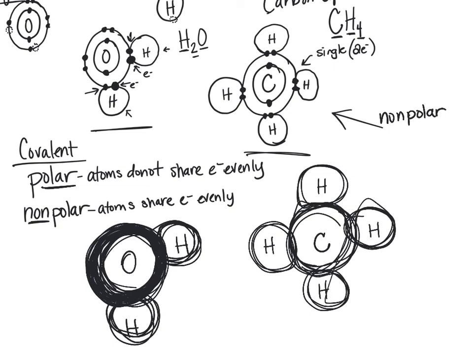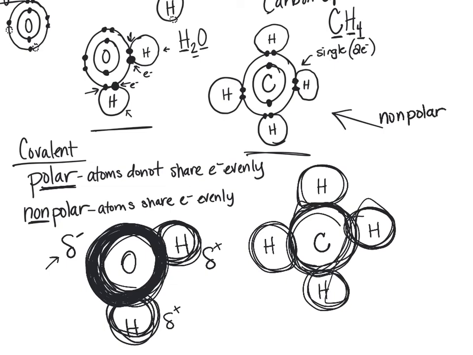What that means then is that this molecule, being polar, ends up having a partial negative charge on the oxygen, and the hydrogen has a partial positive charge, right? Because if we're pulling negativity away from those hydrogens, they're going to be more positive. And if we're pulling negativity toward the oxygen, it's going to be more negative.